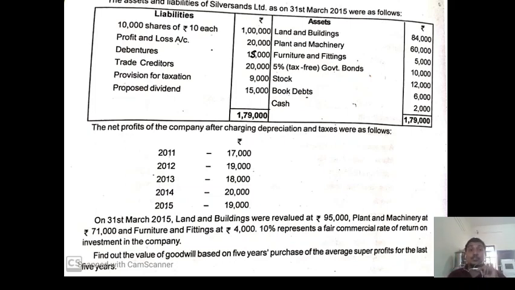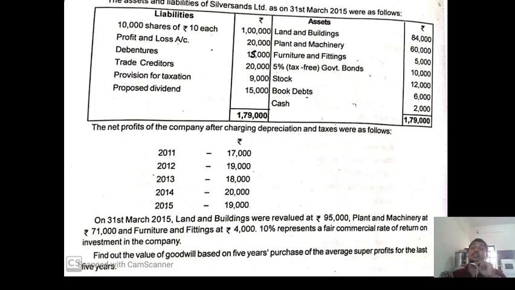That 500 rupees has to be reduced from each of the individual years' profit. That is to say, 17,000 minus 500, 19,000 minus 500, 18,000 minus 500, 20,000 minus 500, and 19,000 minus 500 also we have to reduce.